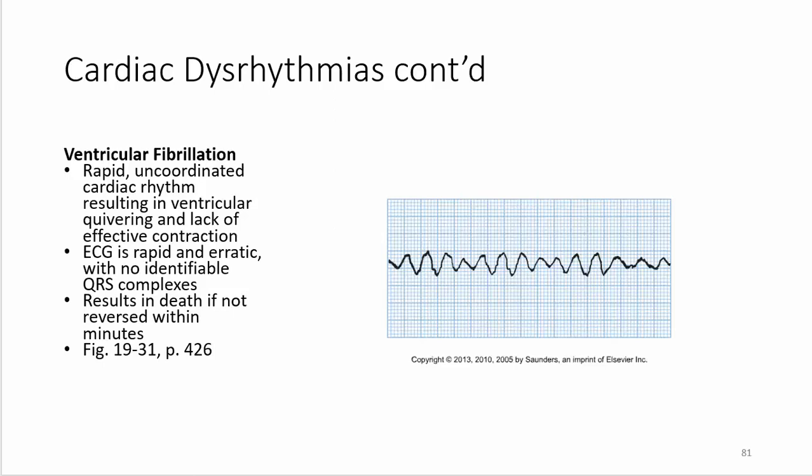You can't identify a pattern to it. This will lead to death, and quickly lead to death. So this is why we have defib machines, defibrillators. There's one at the bottom of the elevator in M building, for this very reason, because it has to be reversed.